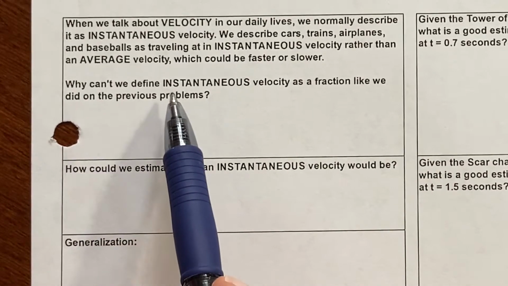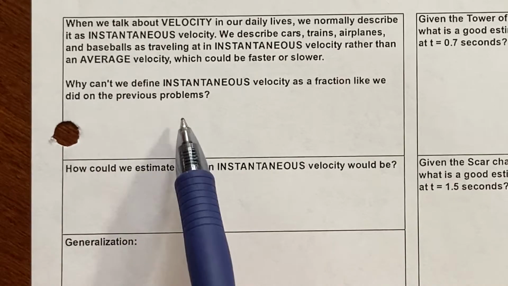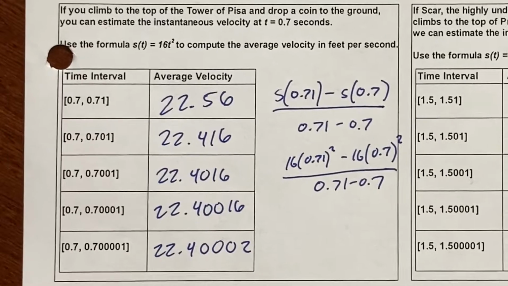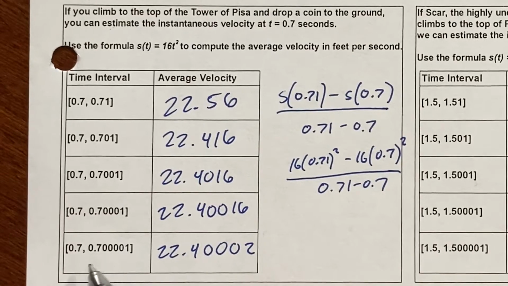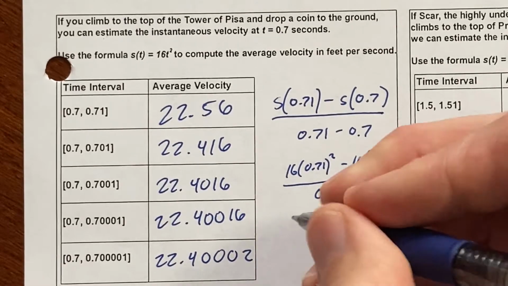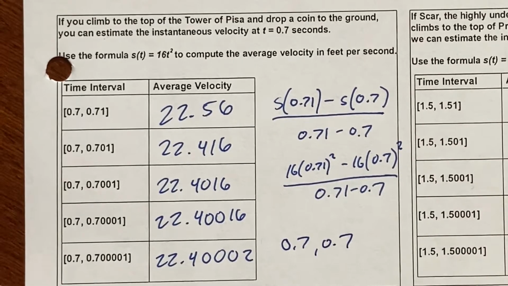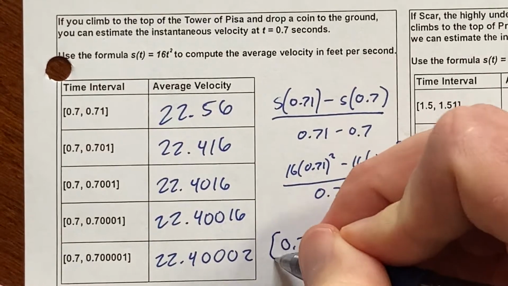Why can't we define instantaneous velocity as a fraction like we did on the previous problem? So when we do this, we pick two numbers that are really close together. But if I wanted instantaneous, if I wanted to know between 0.7 and 0.7, that's a problem.